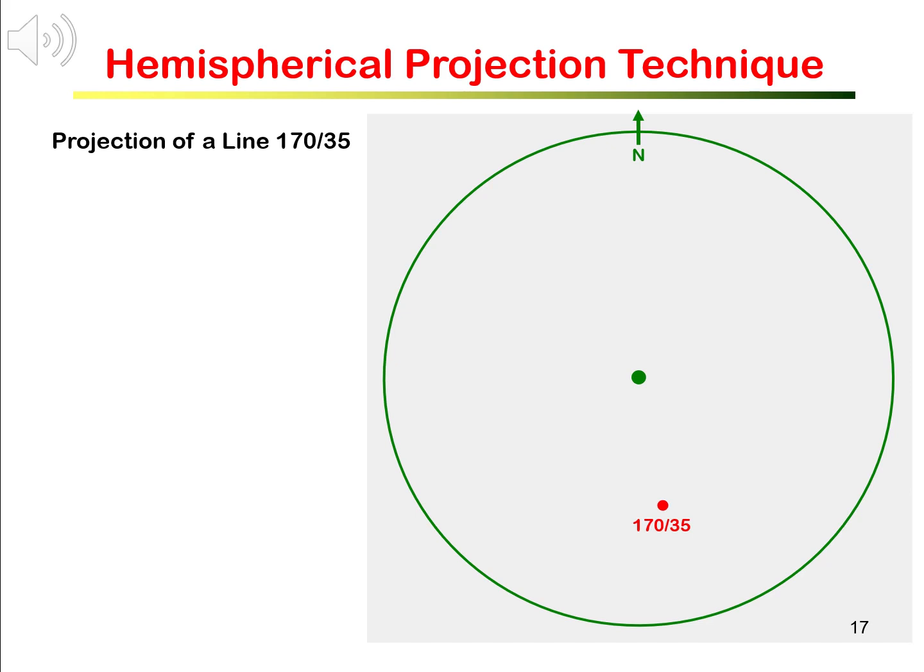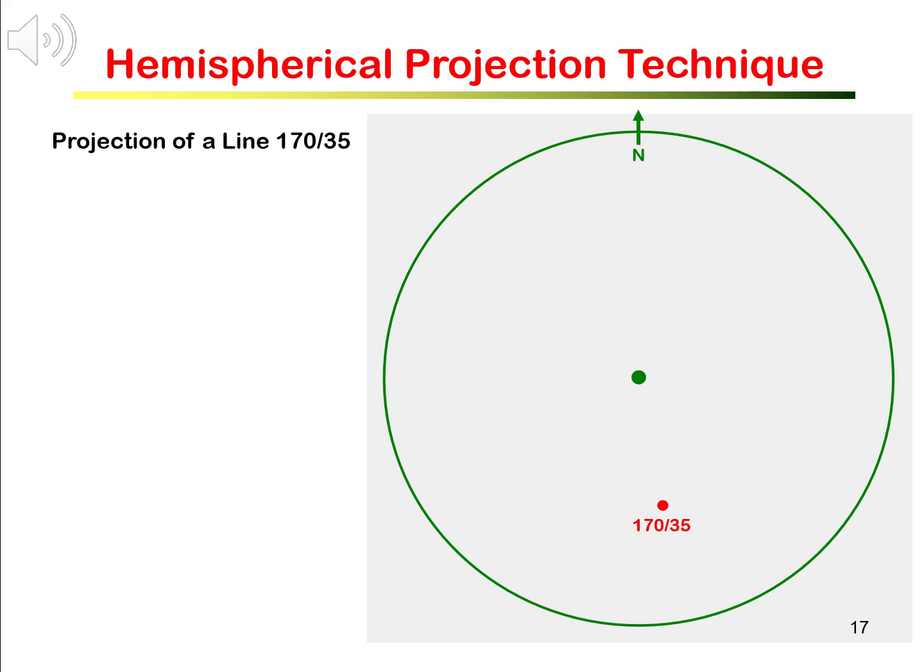Usually, you should try to visualize the projection before you actually start doing it on paper. Seeing that a line is plunging towards 170, nearly south, when it intersects the lower hemisphere, where do you think it will leave the mark on the hemisphere? It will leave the mark on the southern side of the hemisphere, almost directly to the south.